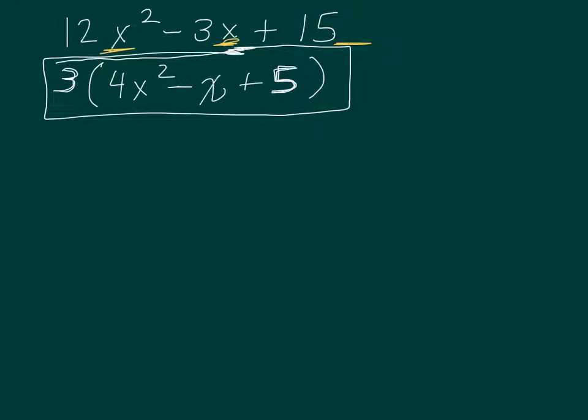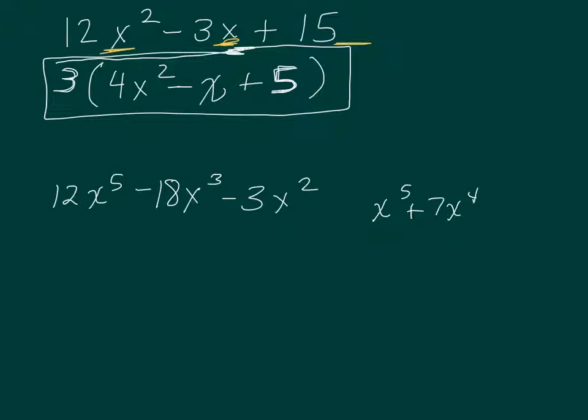So let's look at the following. 12x to the fifth minus 18x cubed minus 3x squared. And let's also look at x to the fifth plus 7x to the fourth y to the third minus 8x y to the fourth.